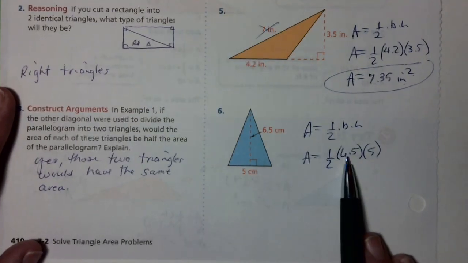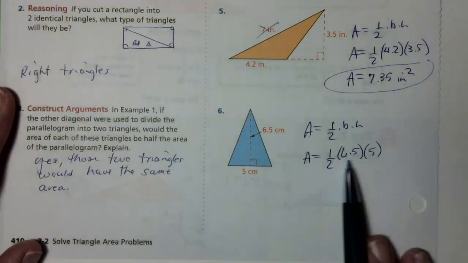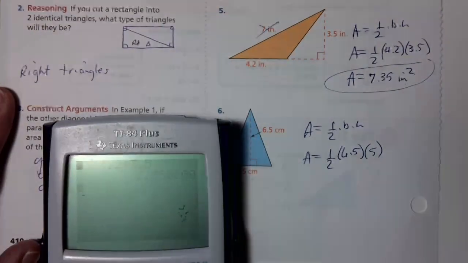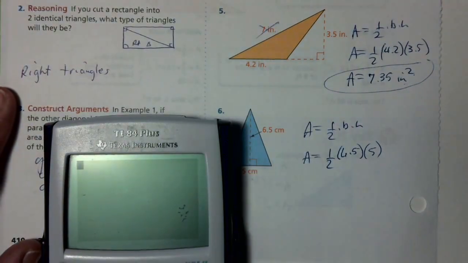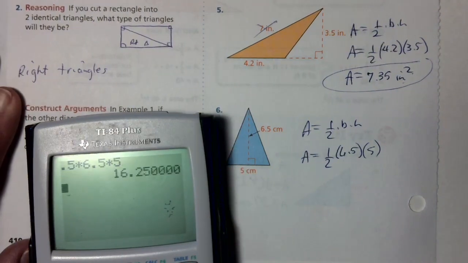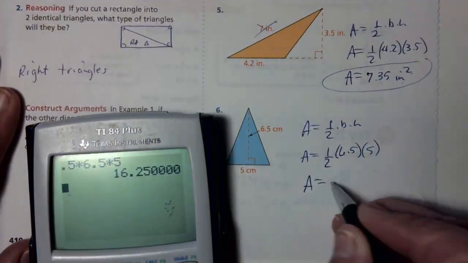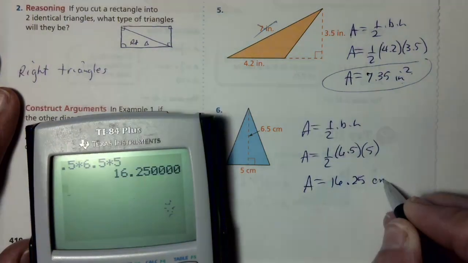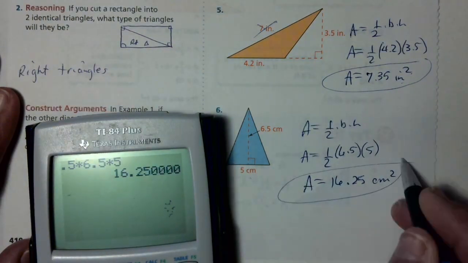If I don't have an even number, then it doesn't matter which one I put where. So once again, I'm going to punch this in my calculator. 1/2 is the same as 0.5. 0.5 times 6.5 times 5. And that is an area of 16.25 centimeters squared.